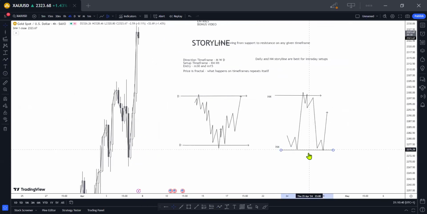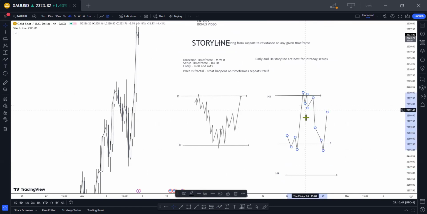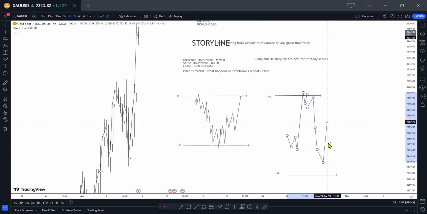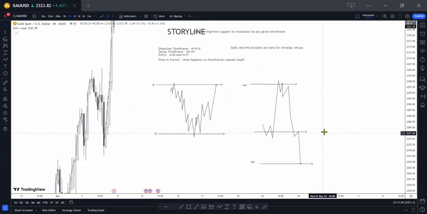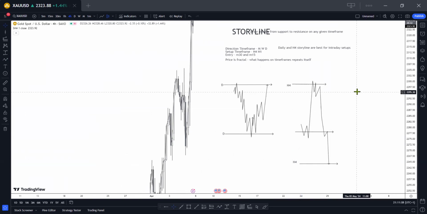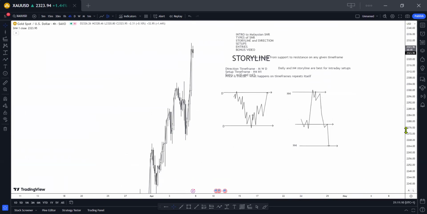So there can be another. Sorry, I'm trying to clone this. Okay, we can have something like this. Price moves from this support to this resistance, and then price moves from this resistance, breaks this support, breaks that support. We test it in order for it to come to this new support. It is still storyline. Okay, it's still storyline.